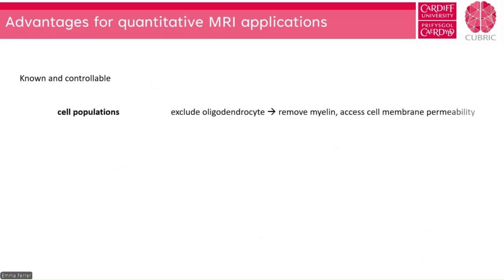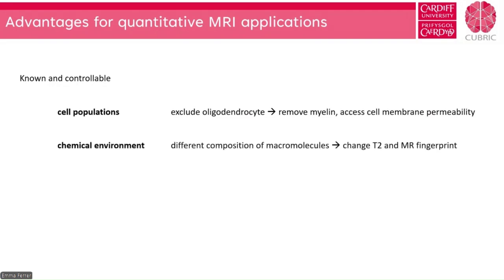I think these are interesting validation systems. Well, first of all, we can control quite accurately the cell populations. And so if you are interested in targeting imaging by MRI biomarkers of microglia, for instance, you can target that cell population and manipulate the presence in the organoid of that cell population.